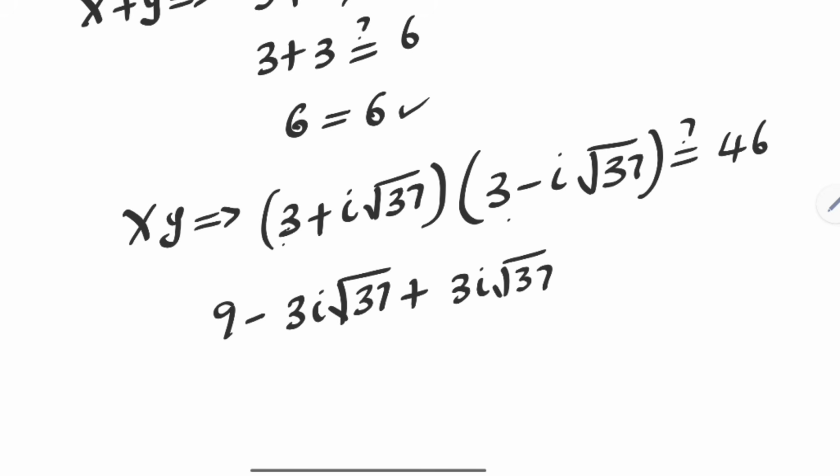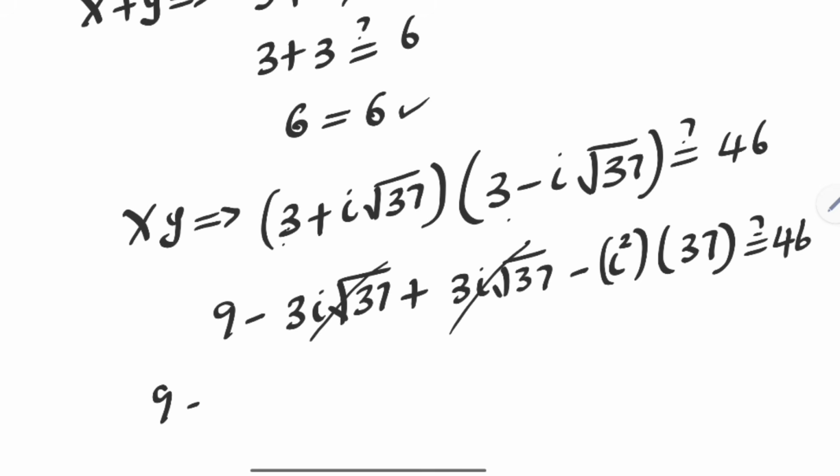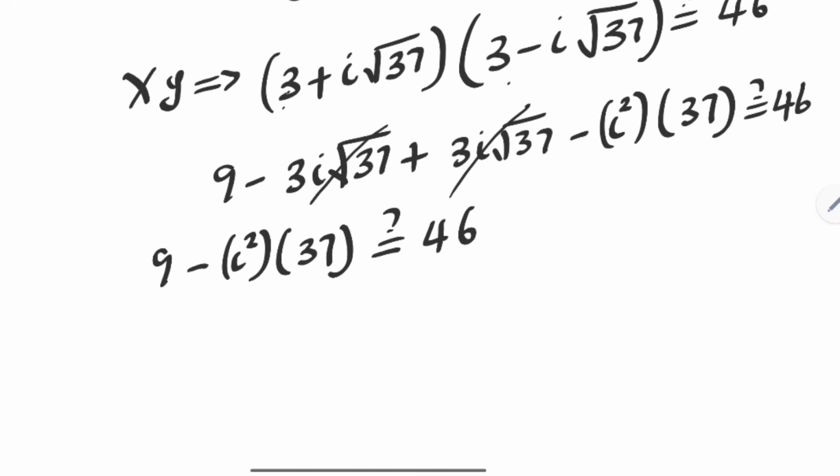Then i root 37 multiplied by minus i root 37, this is minus i squared multiplied by 37 must be equal to 46. This cancels this. We have 9 minus i squared multiplied by 37 must be equal to 46.